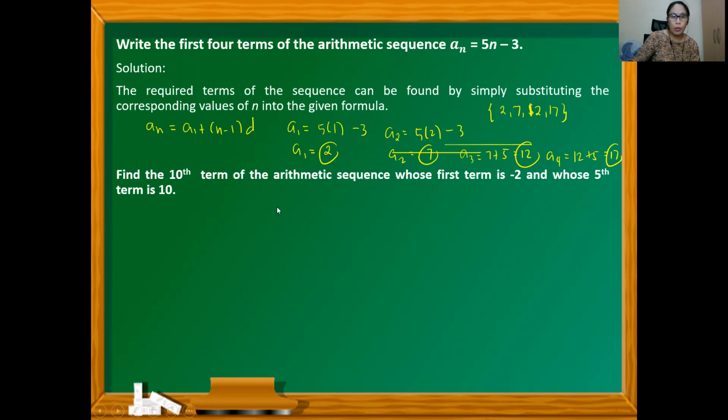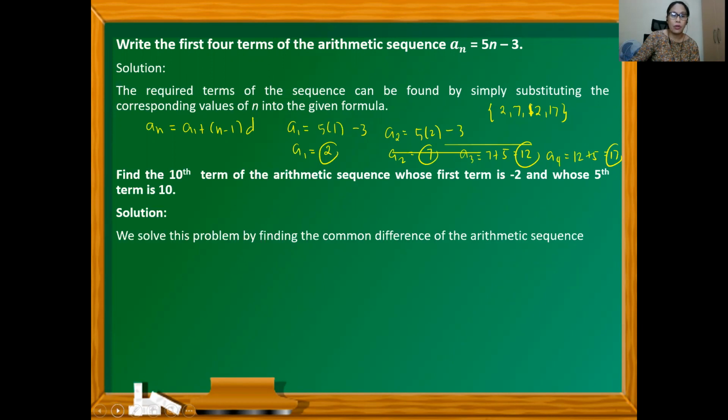Find the 10th term of the arithmetic sequence whose first term is -2 and whose fifth term, or rather 10th term, is 10. So we solve this problem by finding the common difference of the arithmetic sequence. So we solve that by working on the value of d.